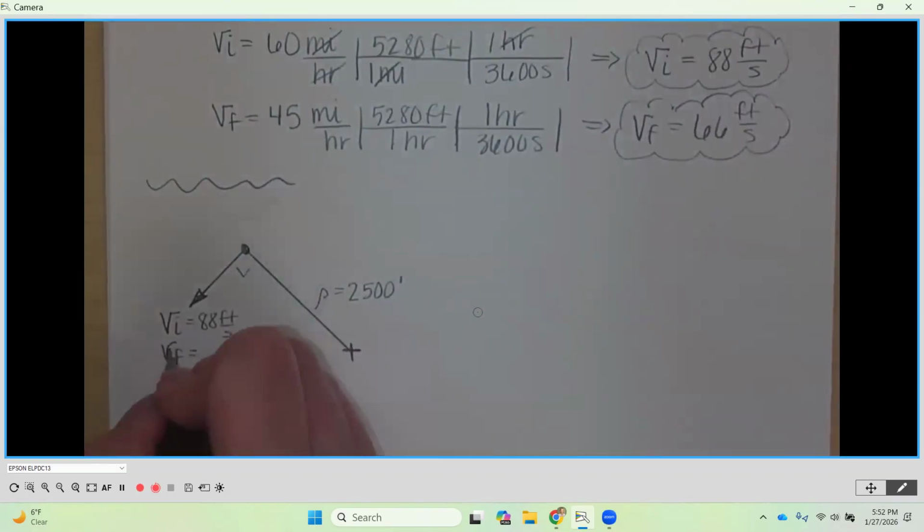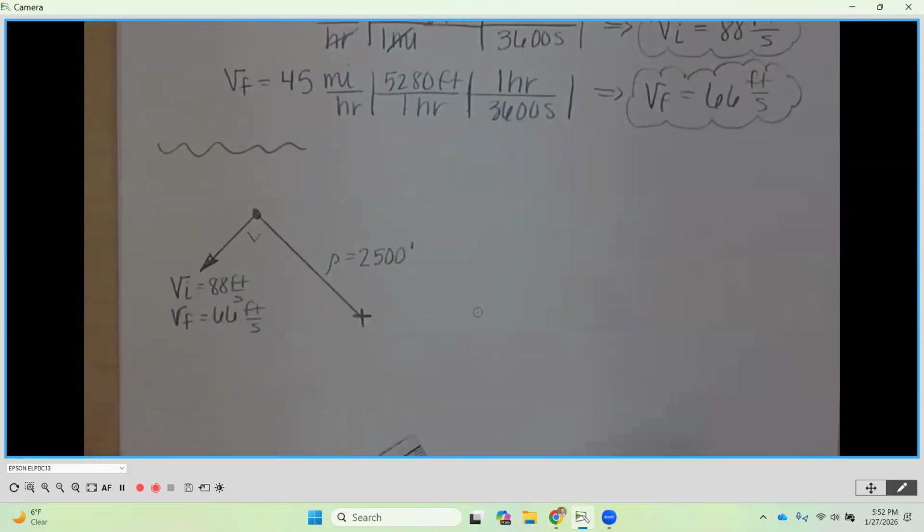Its final velocity along that curve is 66 feet per second. Now, we're told in the problem that as it goes from 88 to 66, we put on the brakes, so that means we are decelerating.